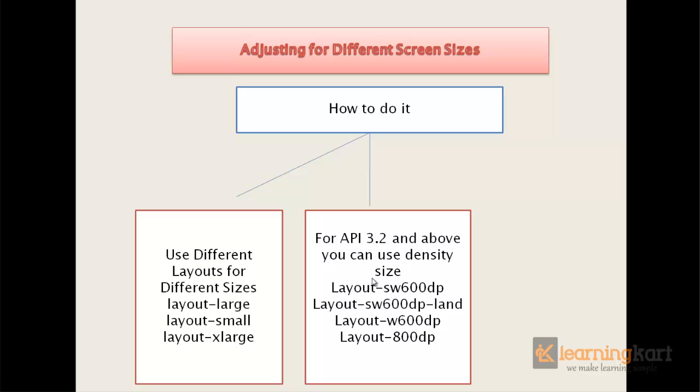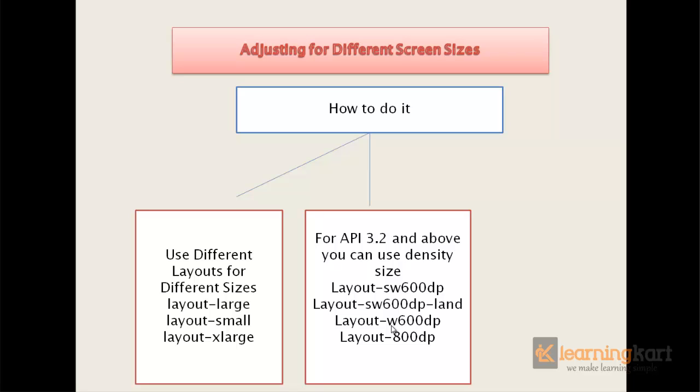In case you say layout shortest width 600 dp, shortest width means, if you have a mobile in portrait mode, this is the shortest width that shows up for the mobile. And if you decide upon the width, then this width is the current width of the screen.